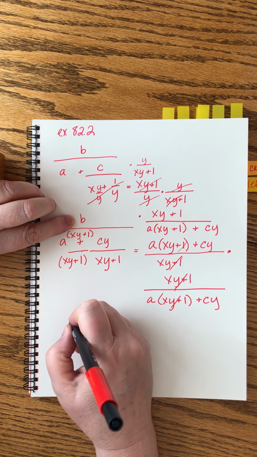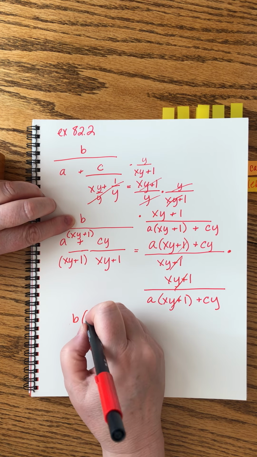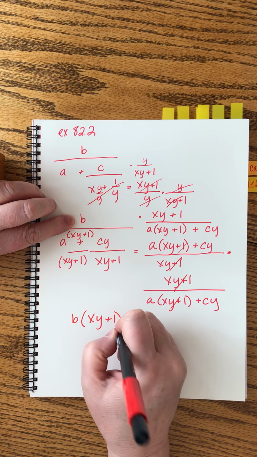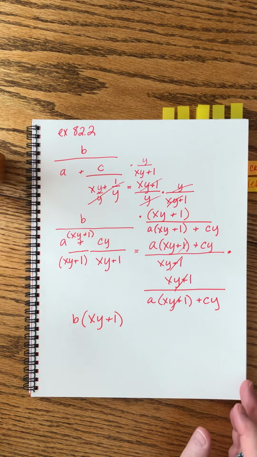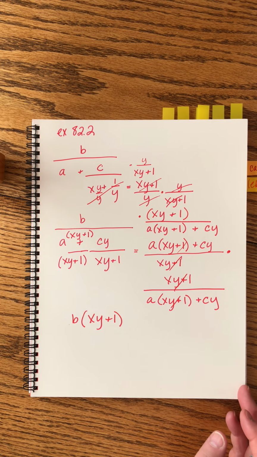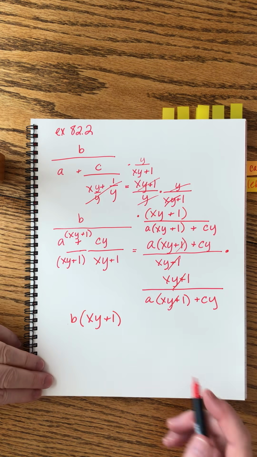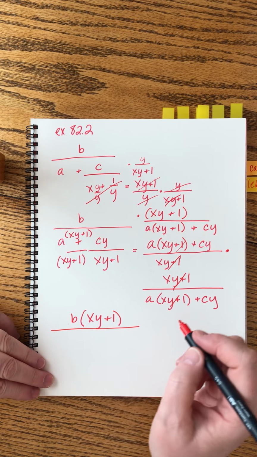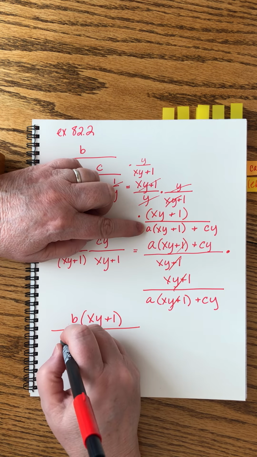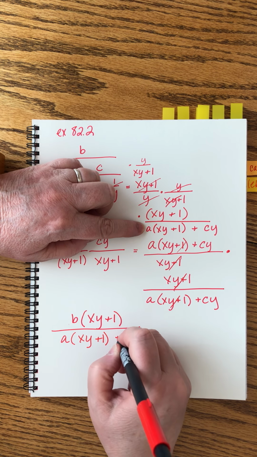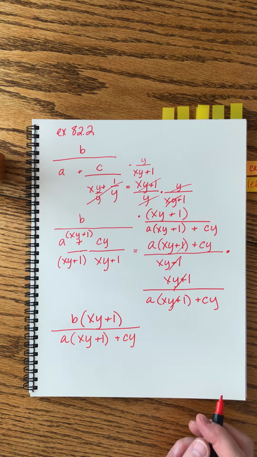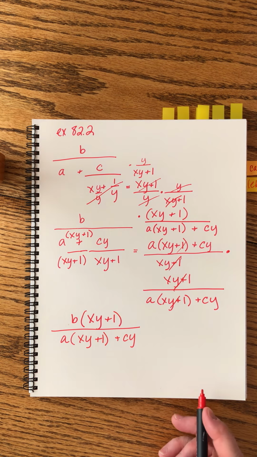Let's write b times the quantity xy plus 1. Whenever we have addition in these, you can just start slapping parentheses on them. You cannot go wrong with those parentheses. b times the quantity xy plus 1 over a times the quantity xy plus 1 plus cy. Okay, that looks really good.